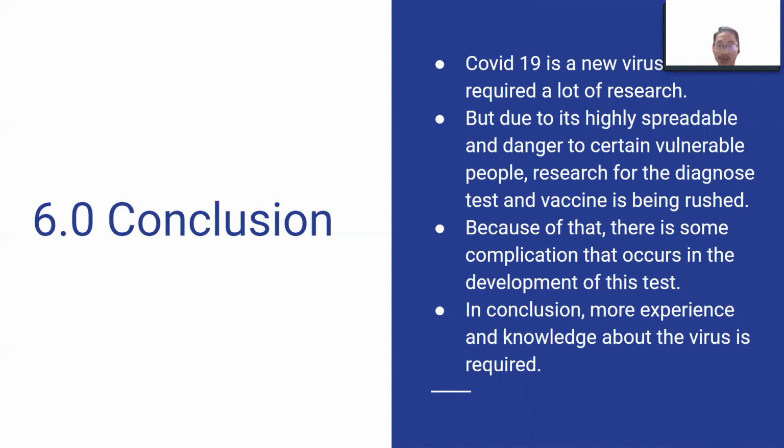But because it spreads very quickly and can be dangerous to certain people, especially the immunocompromised, the research for the test and also the vaccine production are being rushed, and because of that, there can be some complications or errors in developing the test. So in conclusion, we require more knowledge and more experience with this virus before we can say that we are prepared to combat it.